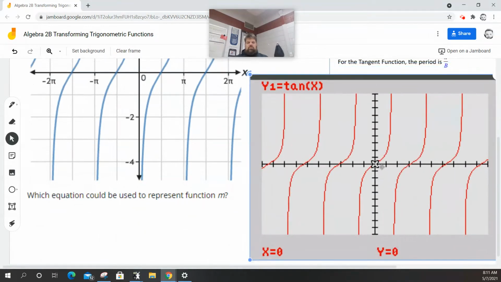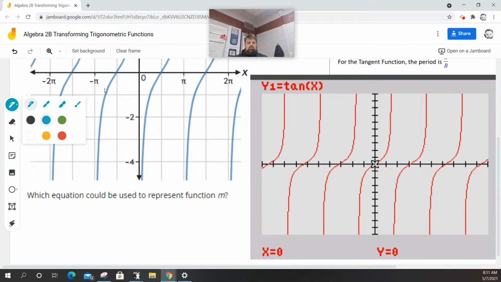So notice that it crosses through the origin, but notice over here, this crosses the halfway point between pi and 0, so that's pi over 2.